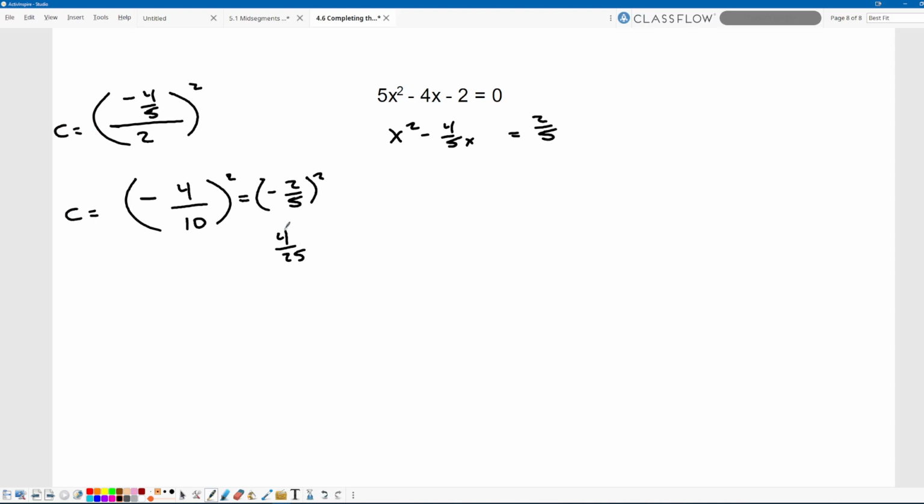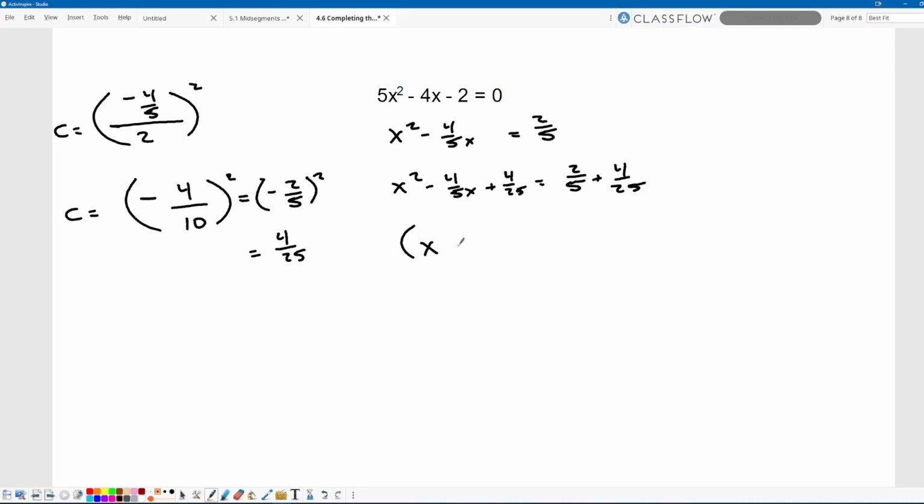So I need to add that to both sides of my equation. So x squared minus 4/5 x plus 4/25 is equal to 2/5 plus 4/25. I can go ahead and factor this left side.